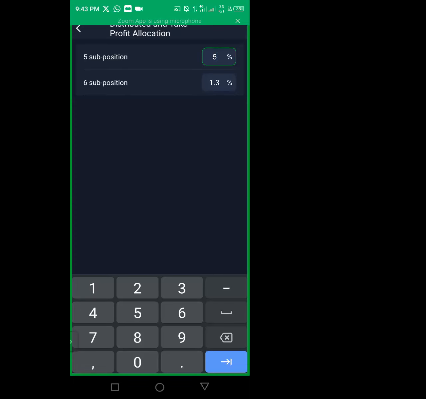Because you used $11 to buy your fifth call, the robot will now do 5% of $11. So who can do 5% of $11? What will be the sub-bin profit for this fifth margin?